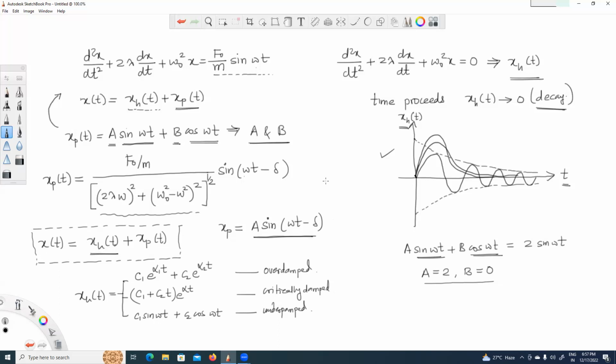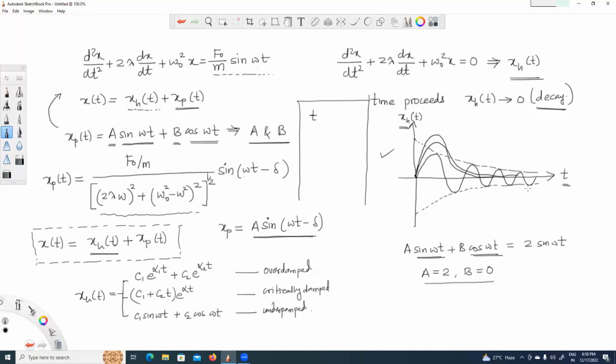Okay, so now understand this. Suppose our experiment started in which we have considered this forced oscillation. And now suppose as t progresses, this xh homogeneous solution is decaying in nature. So it is reducing and approaching zero. But at the same time, my xp particular solution, as time proceeds, is periodic in nature, so it will keep oscillating with the same amplitude.